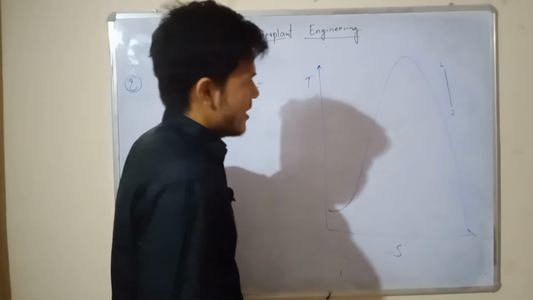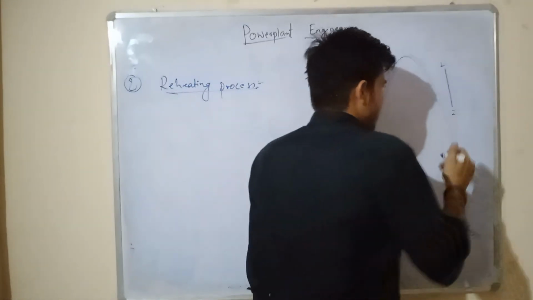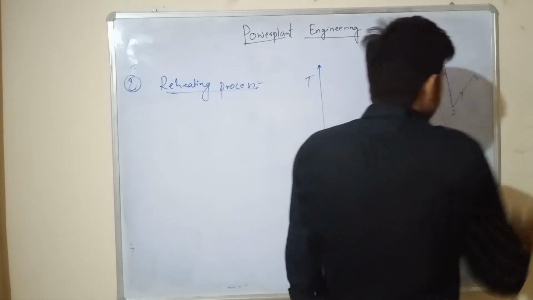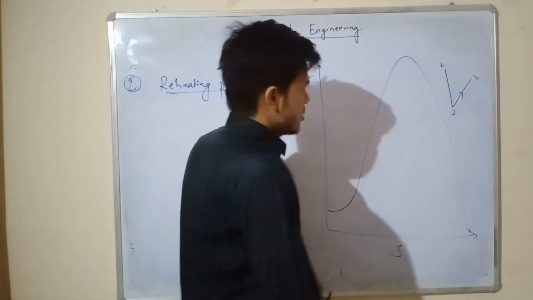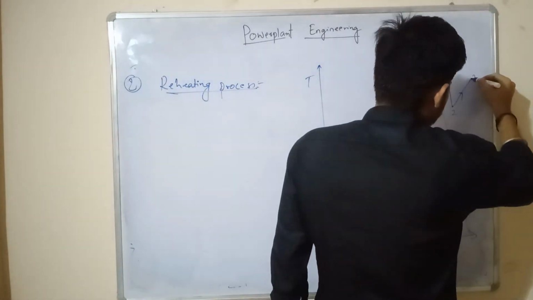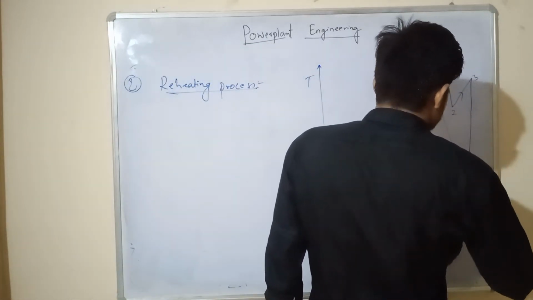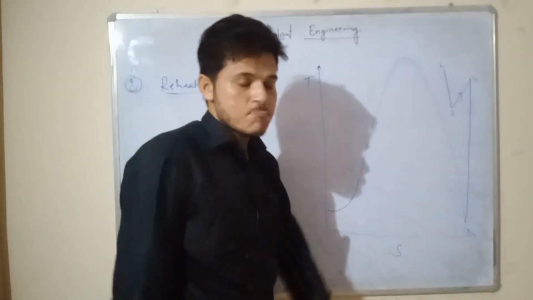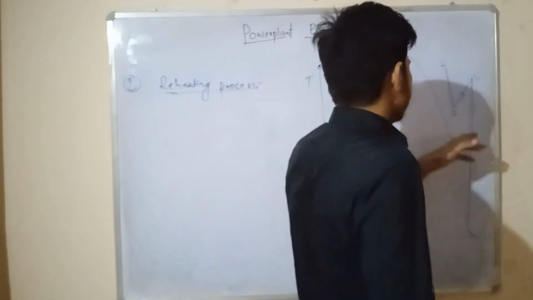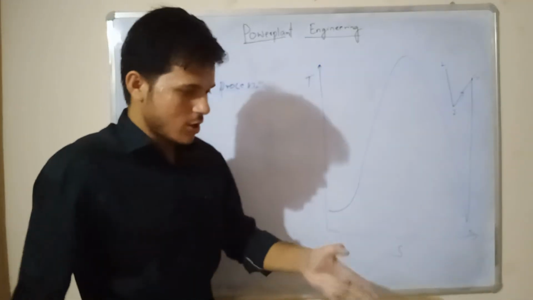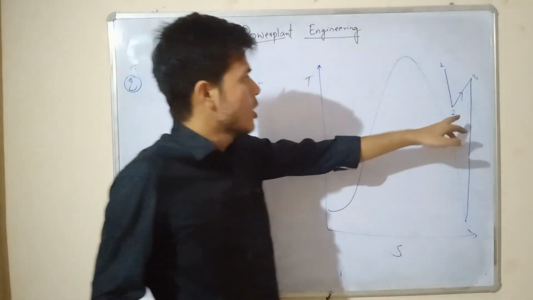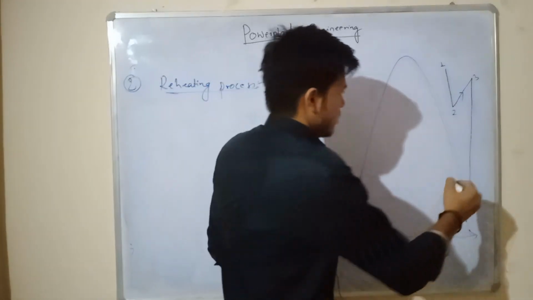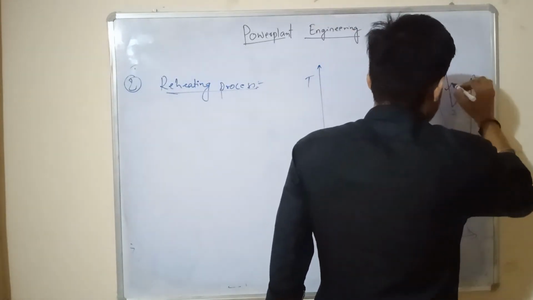After that we heat it again, 2 to 3. Then the steam is expanded from 3 to 4. So from 1 to 2 the steam is partially expanded, and we send this steam to the boiler and heat it from 2 to 3, and from 3 to 4 the steam is again expanded in a turbine.